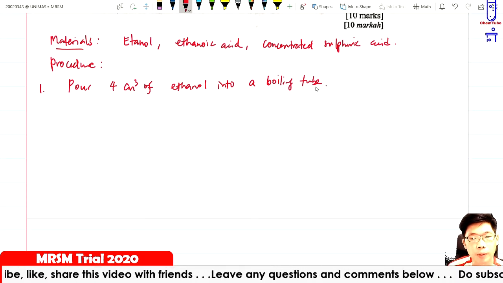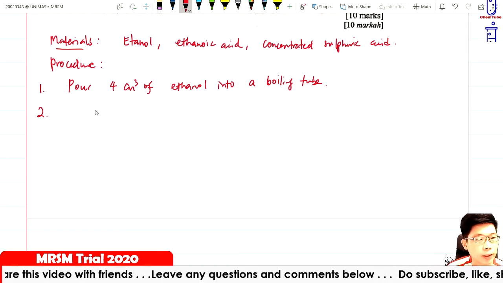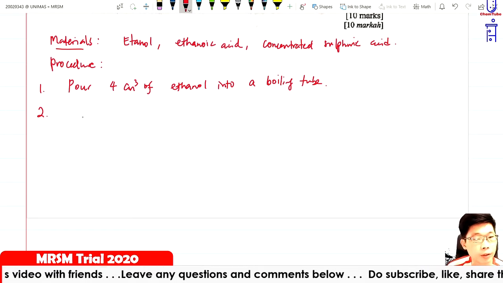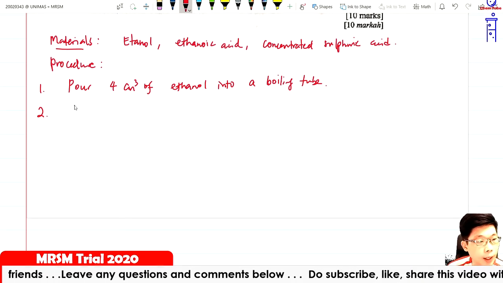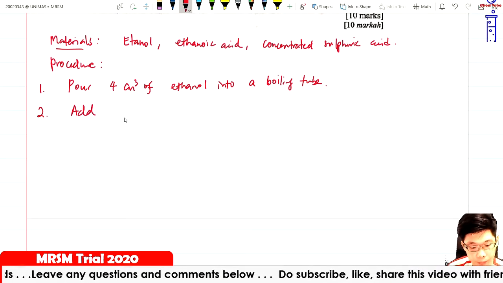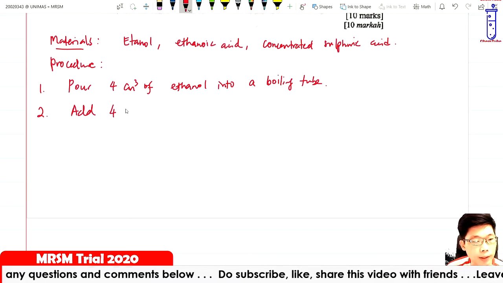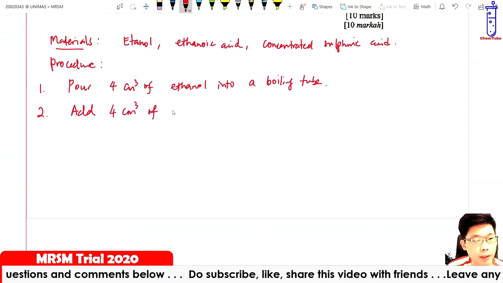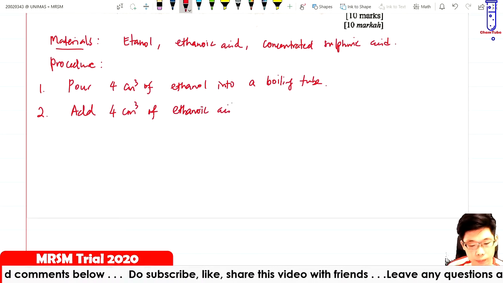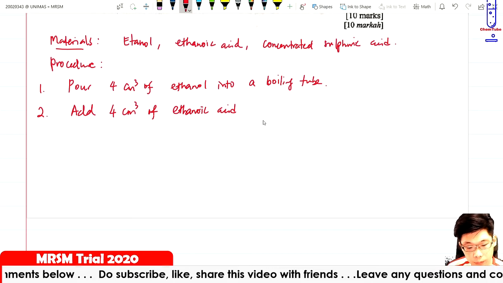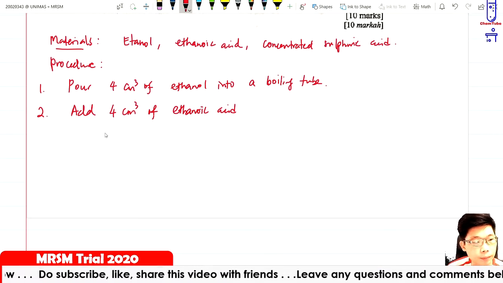We have to use the boiling tube because later we need to boil the mixture, so prefer to use the boiling tube compared to test tubes. After that we add in around 2 cubic centimeter, or we also can put in the same 4 cubic centimeter, of ethanoic acid into the boiling tube.